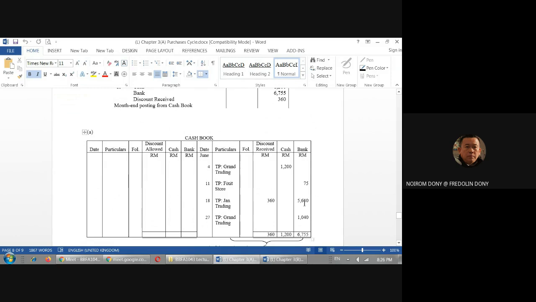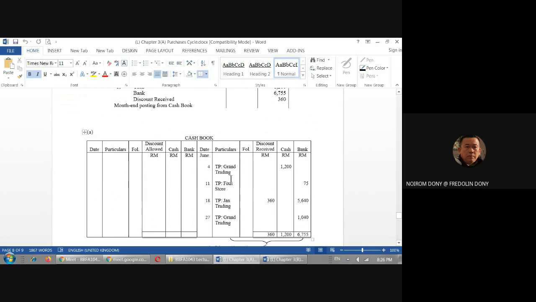So we get 5,640. The balance is considered as discount, so we record the discount received. Then for the particular, we write down trade payable, Jan Trading. Then the last payment on the 27th, by check, 1,040. So record in the bank column 1,040. So we have recorded in the prime entry.